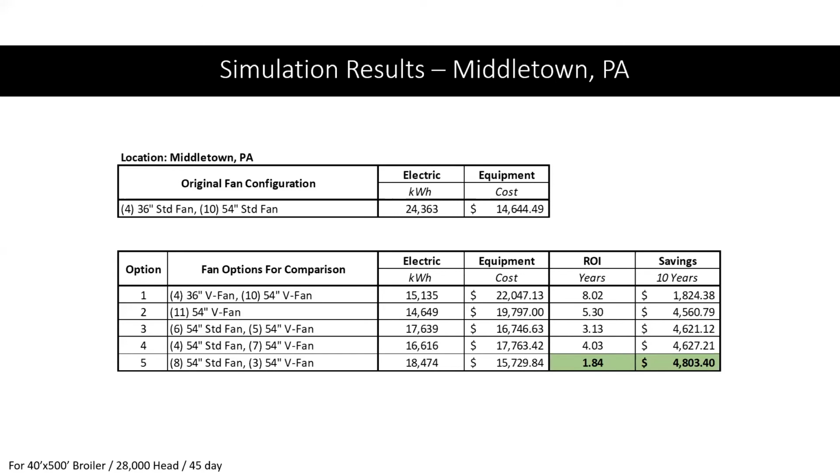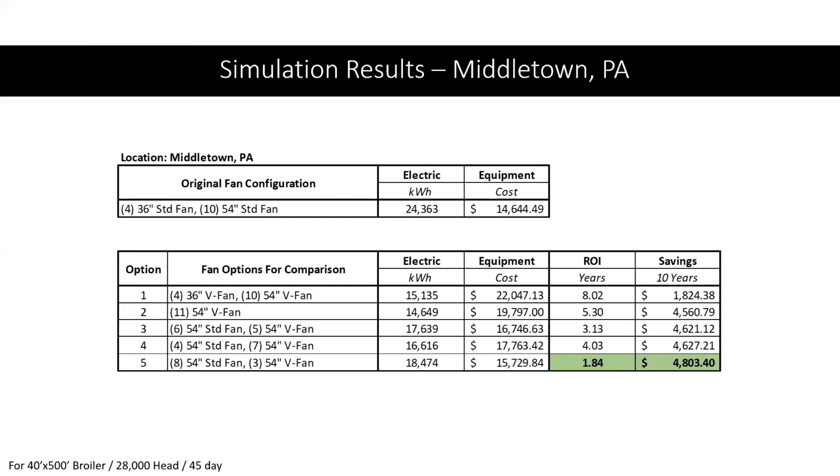So then when we look at the actual return on investment, we can see a different ROI for these different scenarios, ranging from 8 years. And if you look at the equipment cost, replacing all V fans has a much higher equipment cost. But you can see in the green, I've highlighted the least ROI and the greatest 10-year savings.